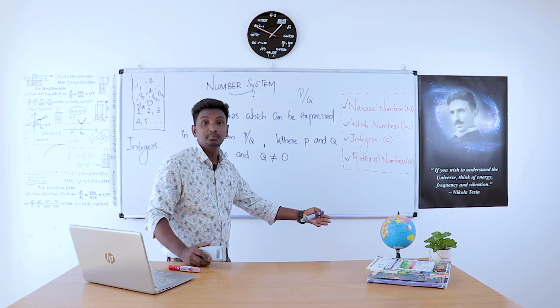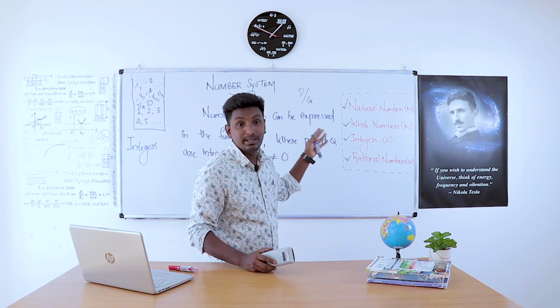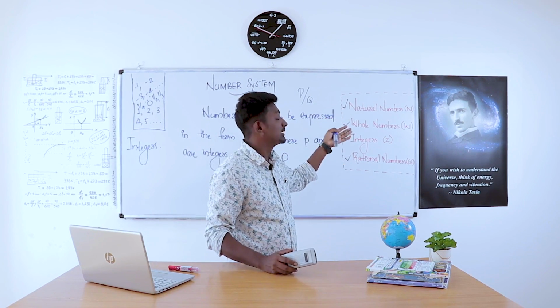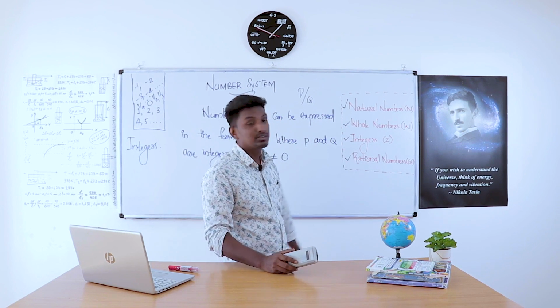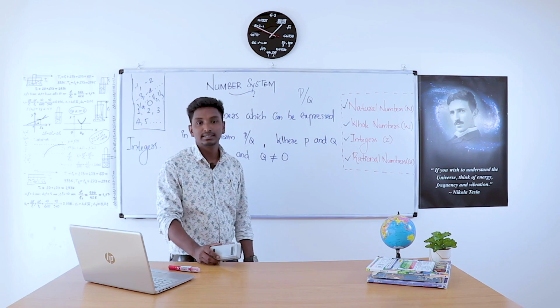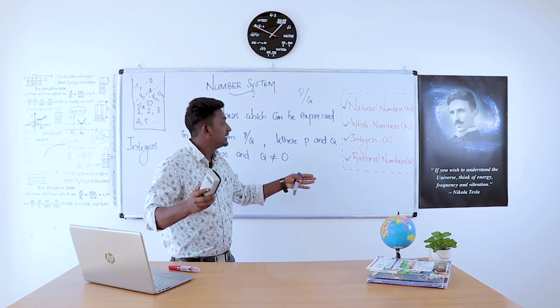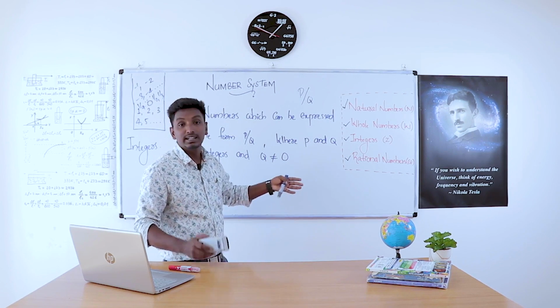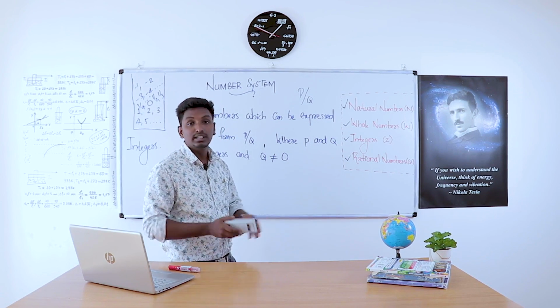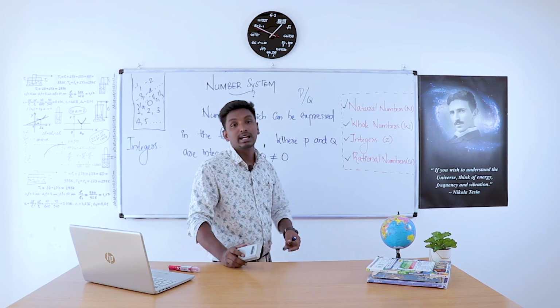And again we are putting the negative numbers into the same classification. That means natural numbers, 0, and the negative numbers together are called integers. Then in between the whole numbers there are fractions also. If we consider these fractions too, then the whole classification is called rational numbers.